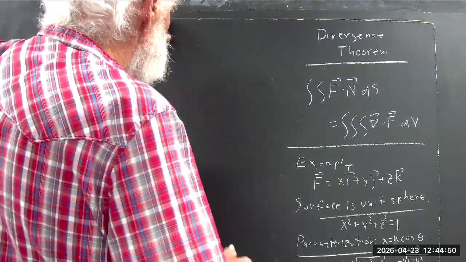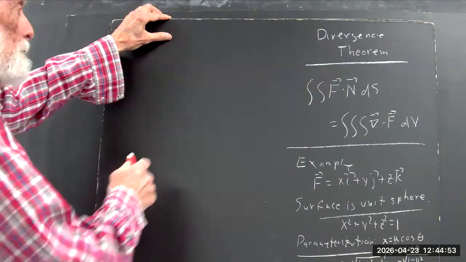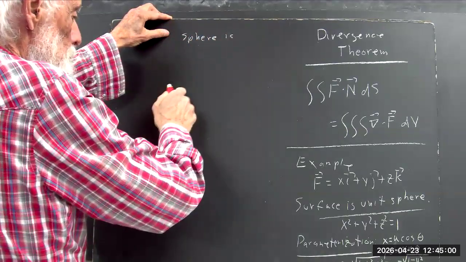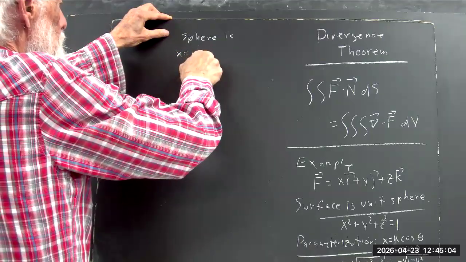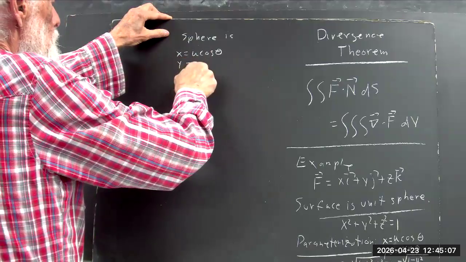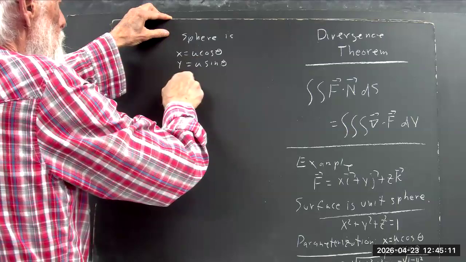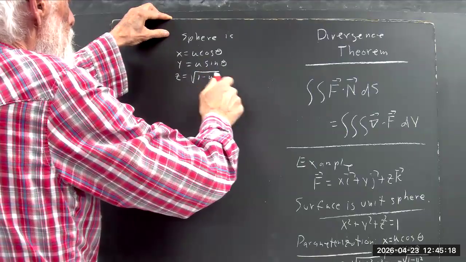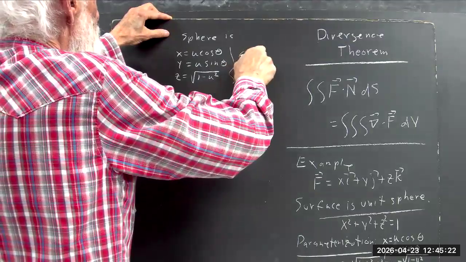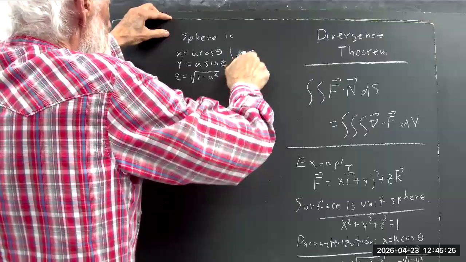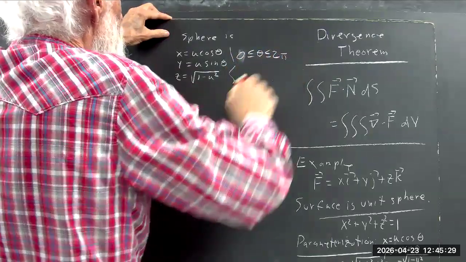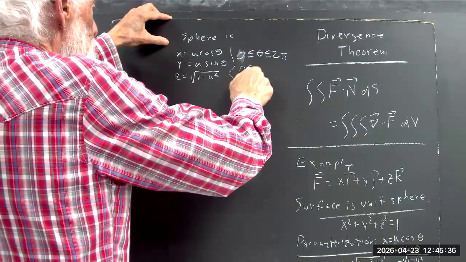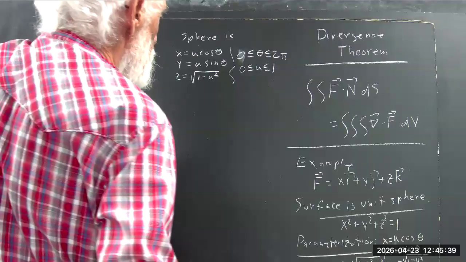So again, the parameterization: theta goes from 0 to 2 pi, u goes from 0 to 1.